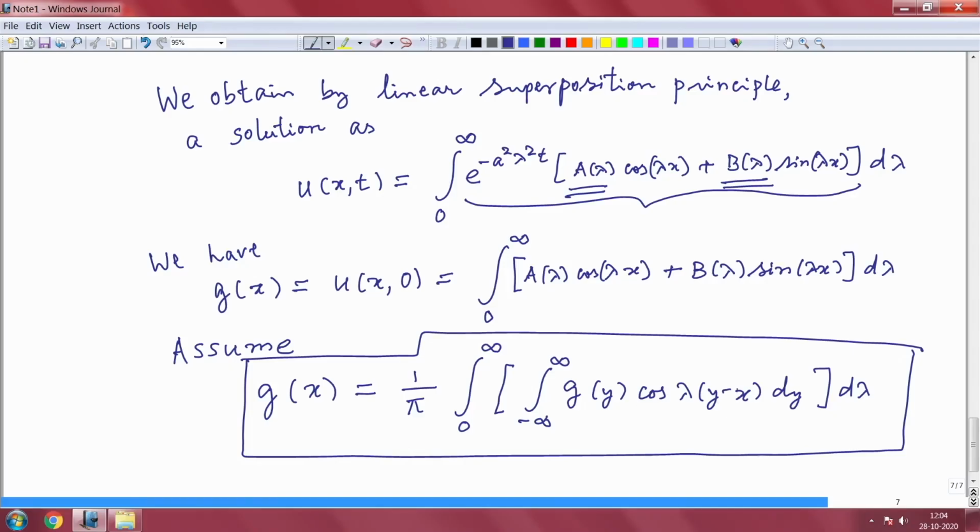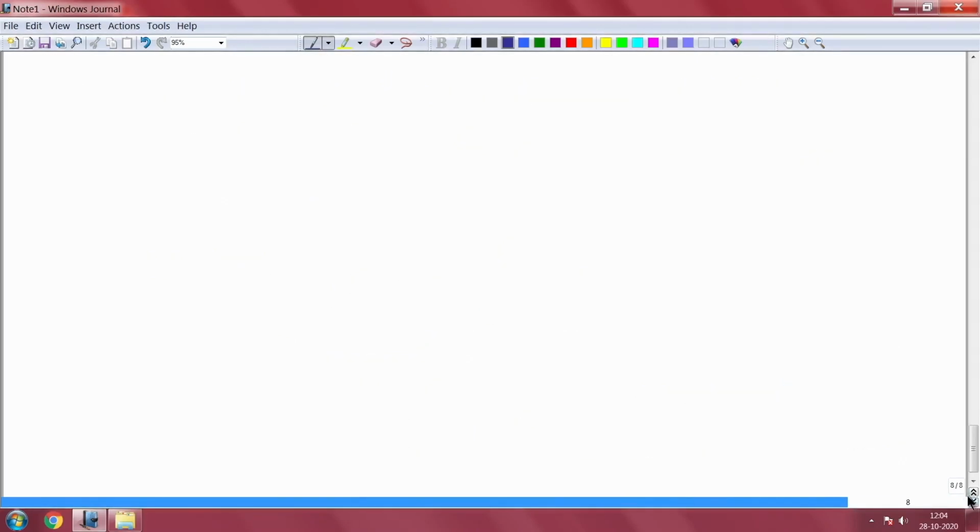So, just use the cosine addition formula and rewrite.